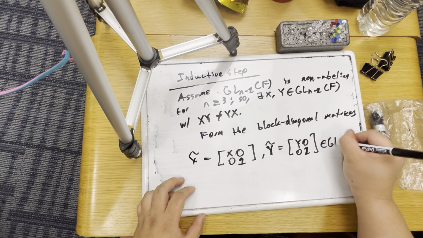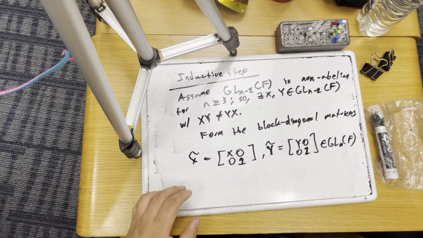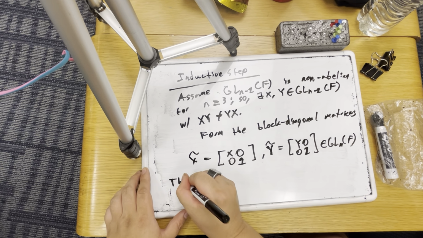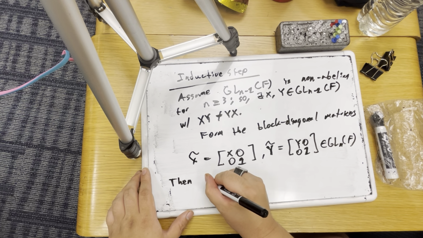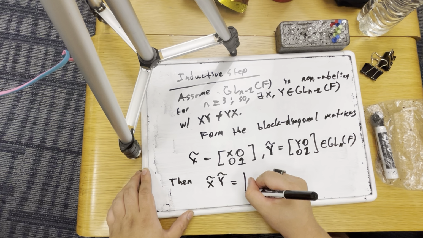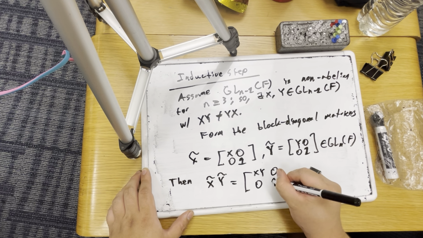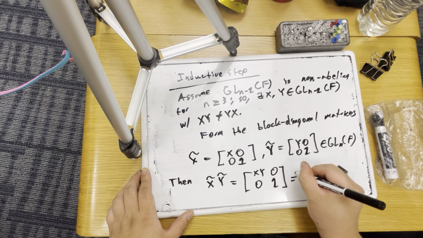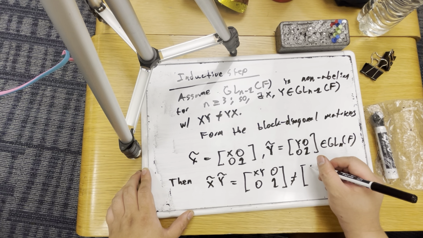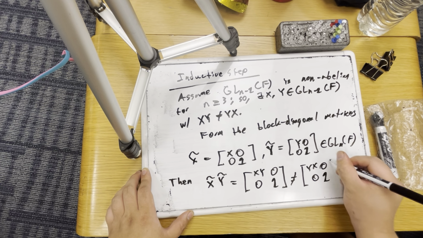These are both in the general linear group with degree n of F. So, well, then x tilde y tilde is equal to [xy, 0; 0, 1], which is not equal to y tilde x tilde, which is [yx, 0; 0, 1].